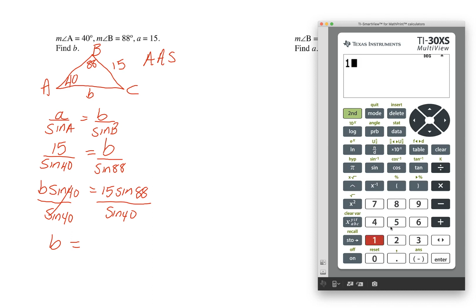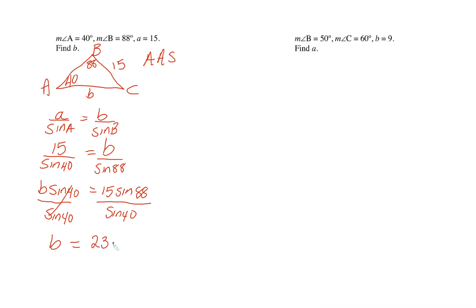So I have 15 sine 88, close the parentheses, divided by sine of 40. Enter. And my answer, rounded to 2 decimal places, is 23.32. And that is our value for side b.